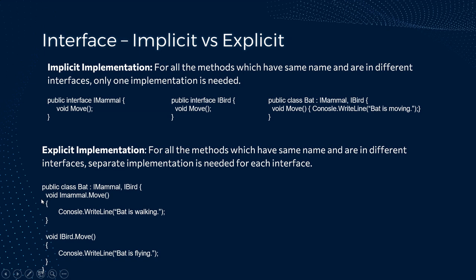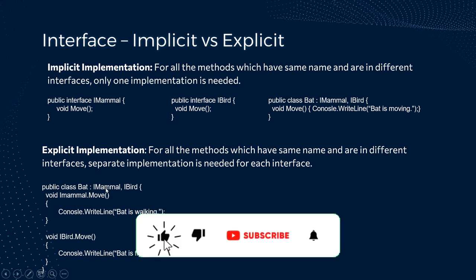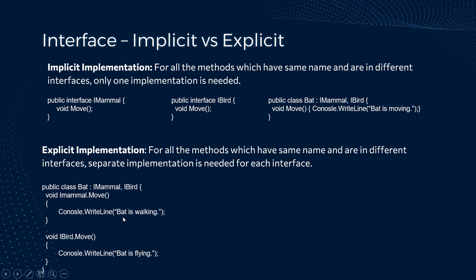You don't need to provide the access modifier, but you need to provide the return type, then the interface name dot method name, and then you can give the method implementation. In IMammal.Move, you can see Bat is walking, and in IBird.Move, we have Bat is flying. So this is called explicit implementation.